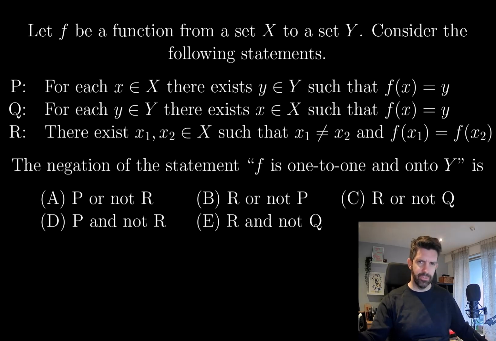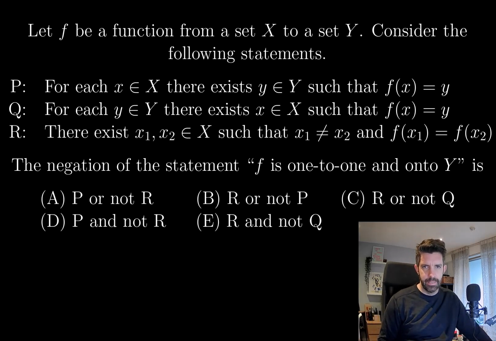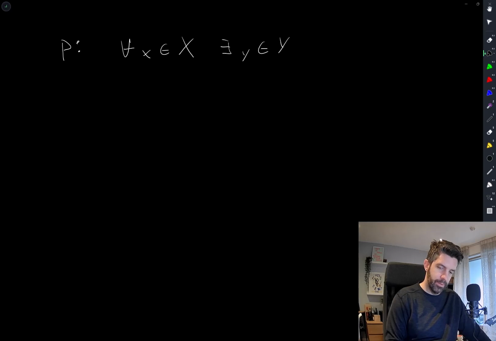So what's a little bit interesting is that option P doesn't really say anything. Option P is simply saying that f is a function from X to Y. If I write down option P, it says that for all x in the set X, there exists y in the set Y such that f of x is equal to y.